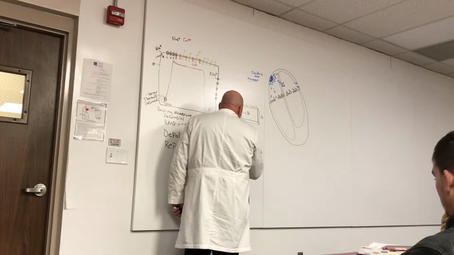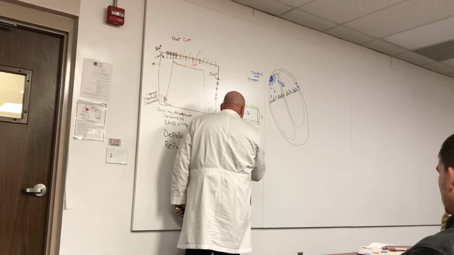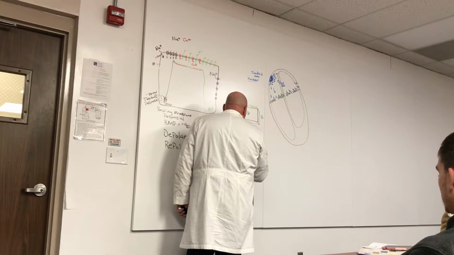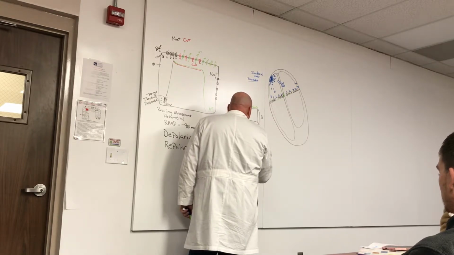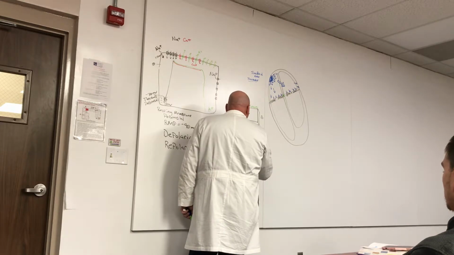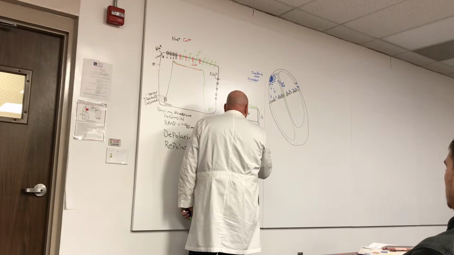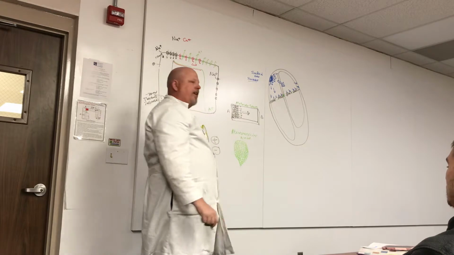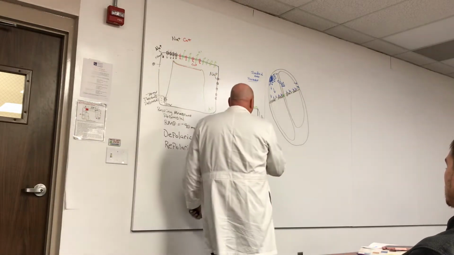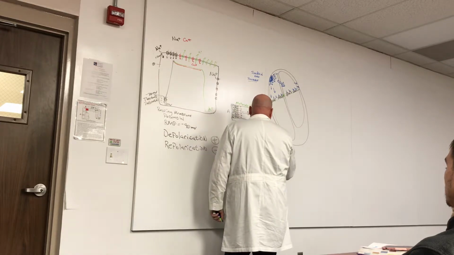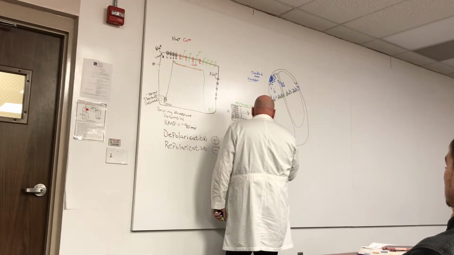How is it that it is a time delay? That's the question. What causes the signal to slow down through the AV node? Well, first of all, the cells inside the AV node are much smaller, and they're not lined up right next to each other. They're kind of offset 90 degrees.